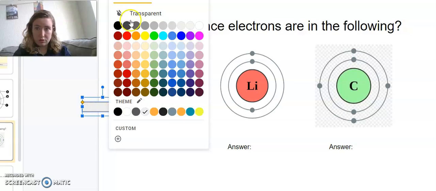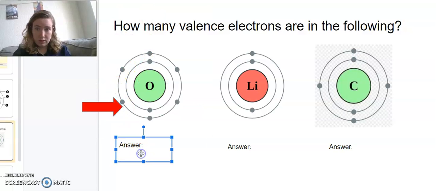Only the outer circle. Okay? On that outer circle, I see 1, 2, 3, 4, 5, and 6. Again, I see 1 here, I see 2 here, 3, 4, 5, 6. So the answer must be 6.